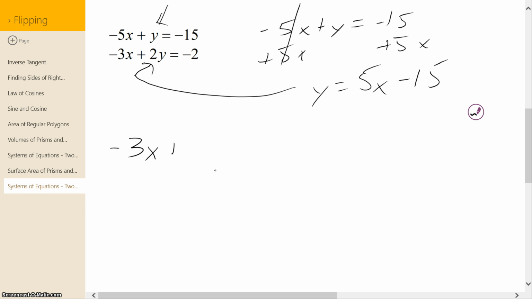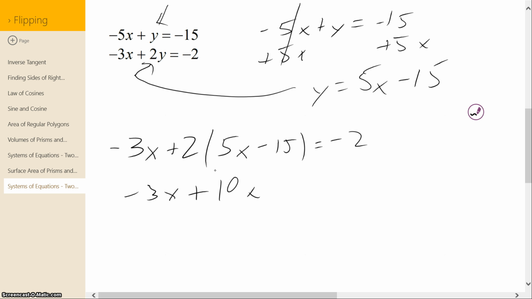Negative 3x plus 2 times 5x minus 15 equals negative 2. Distribute this, it becomes negative 3x plus 10x minus 30 equals negative 2. I'm going to combine my x's here. This gives me 7x.